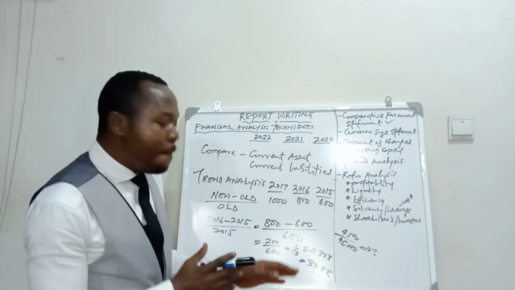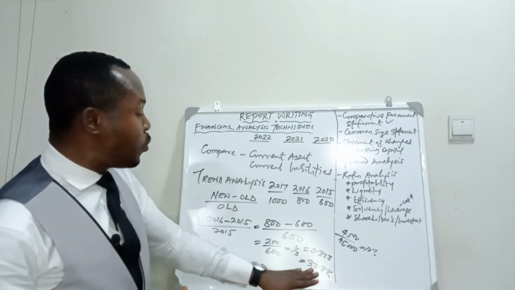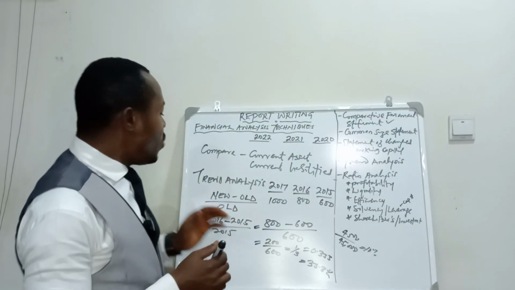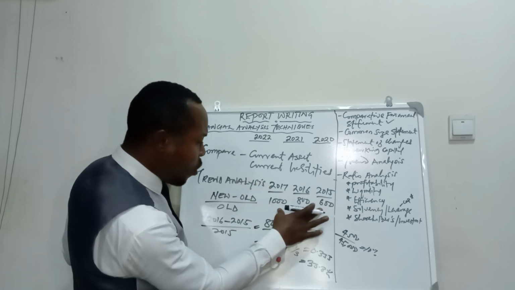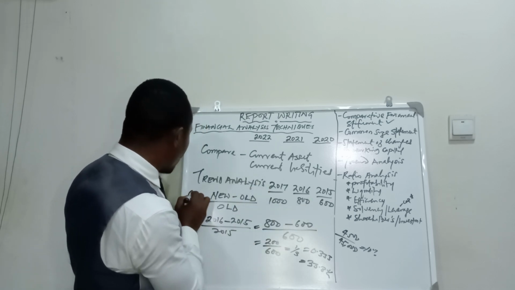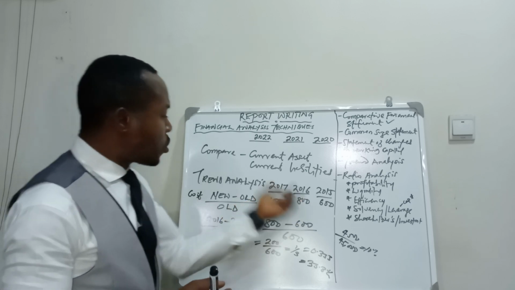You've been able to, and the meaning is this, because we are talking about report writing, how will you now put this in your report? You are going to tell us that, let's say for instance, the figure was for cost.